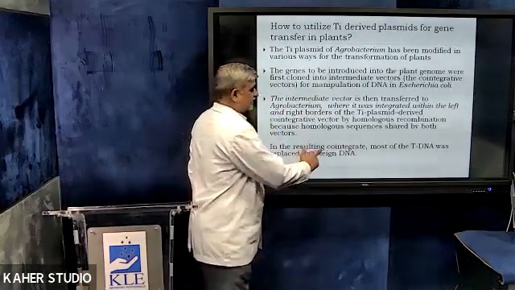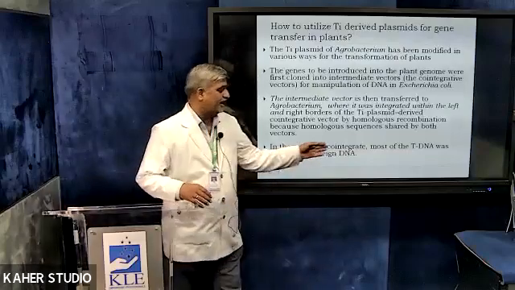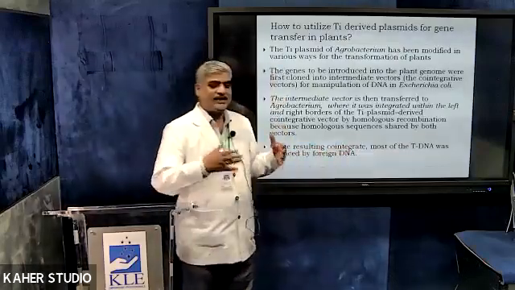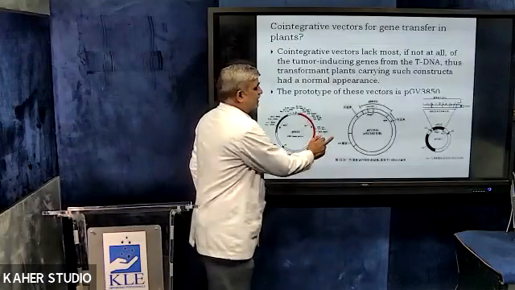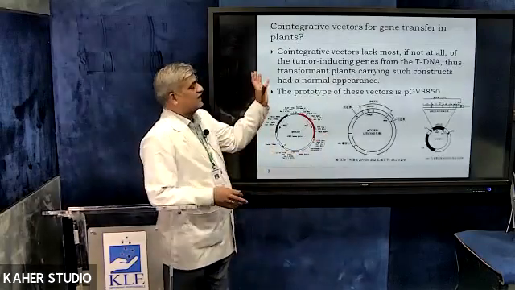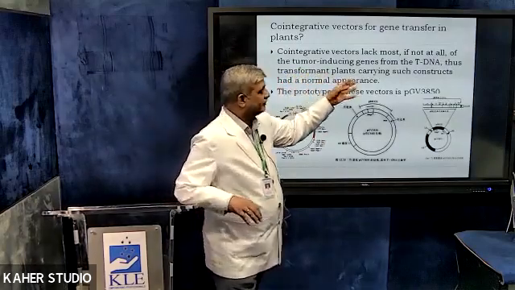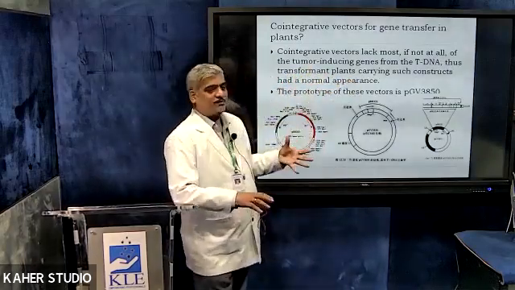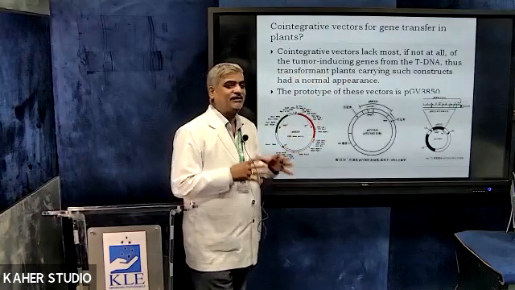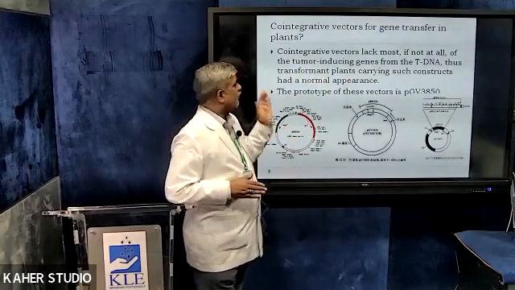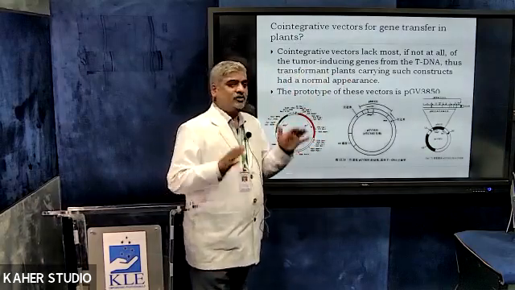As a result, co-integrate and many derived vectors are also made. Essentially these co-integrative vectors are generated, and in the subsequent classes we will understand more in depth about these co-integrative plasmids.